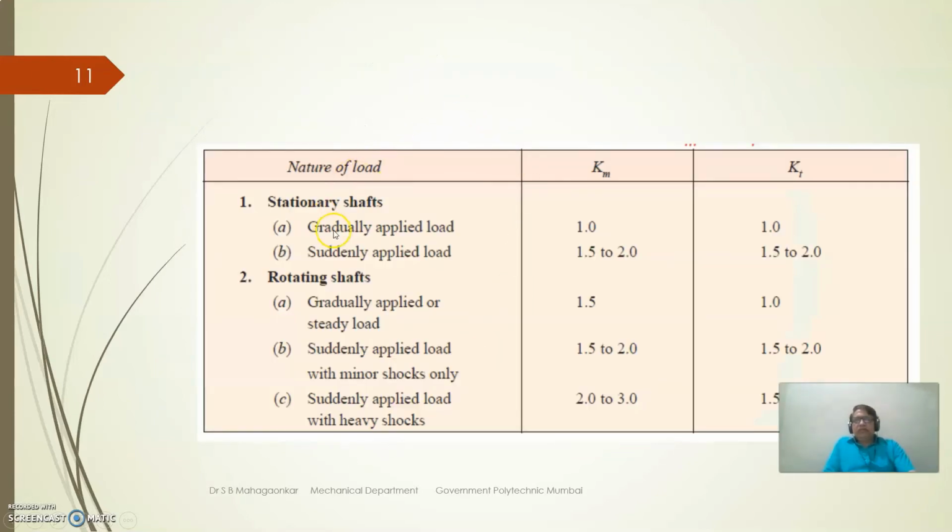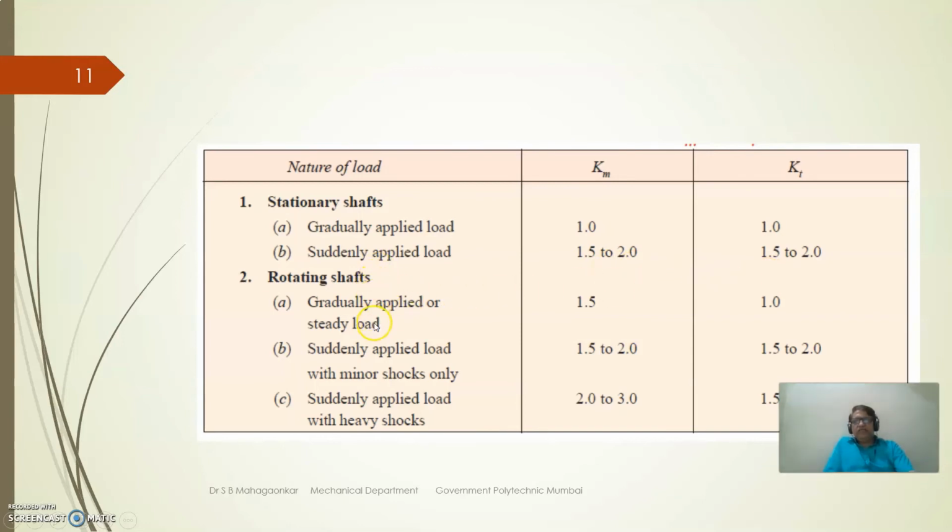Normally these are taken from the book. You have the KB factor and the KT factor. For a stationary shaft, it is 1 and 1 for KB and KT. Whereas for suddenly applied load, it is 1.5 to 2.